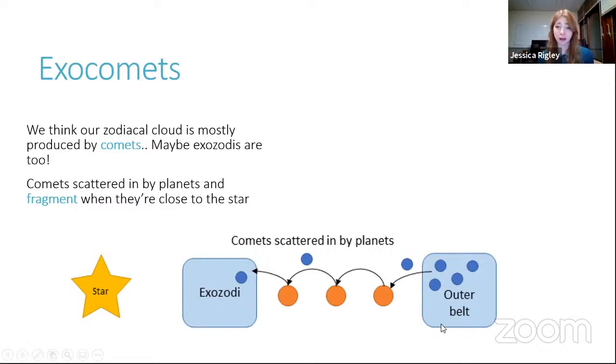So if we have an outer belt similar to our Kuiper belt, and we have lots of comets far away from the star, then if we have these planets, which are shown in orange, the gravity of these planets can then pull comets out of the belt and scatter them in towards the star. And then as the comets start to get close to the star, they can start to just spontaneously break up and produce lots of dust. And then this dust could supply an exozodiacal cloud. And so this could be what's going on. And this is what I now try to model as a potential source of exozodiacal dust.